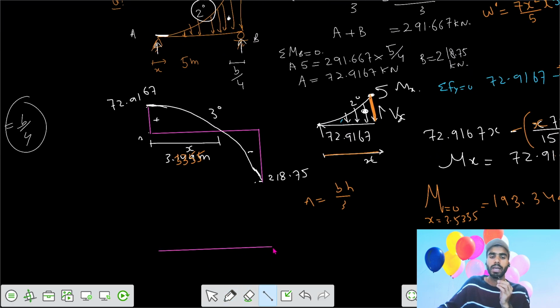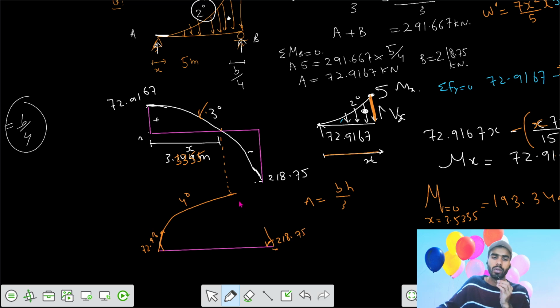So for the bending moment diagram, this is your third-degree shear force curve. Here the slope should be 72.9167, and here the slope should be 0 because your shear force is 0. So we have to join the two. This is your fourth-degree curve, and the slope should be more here because the shear force is more here.